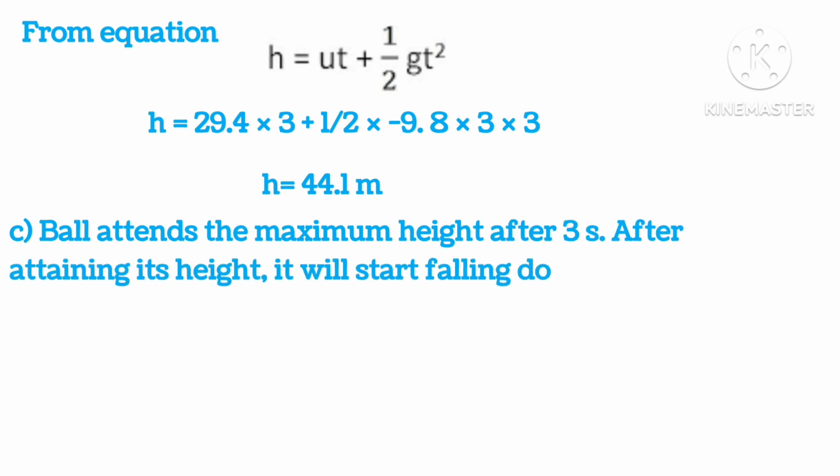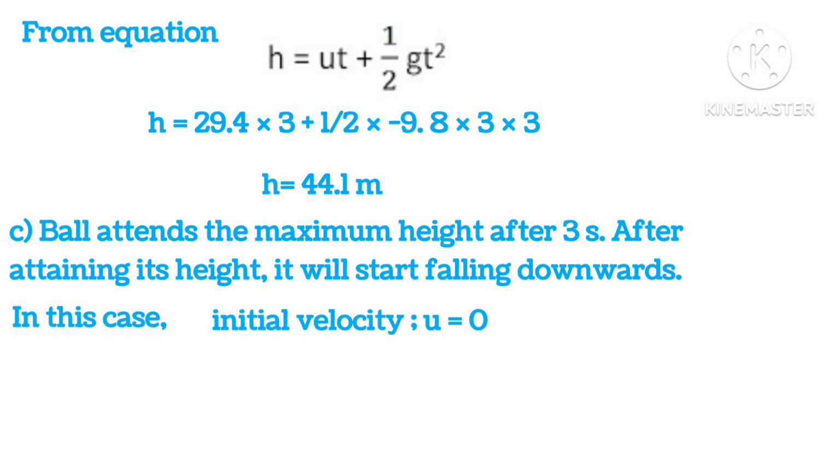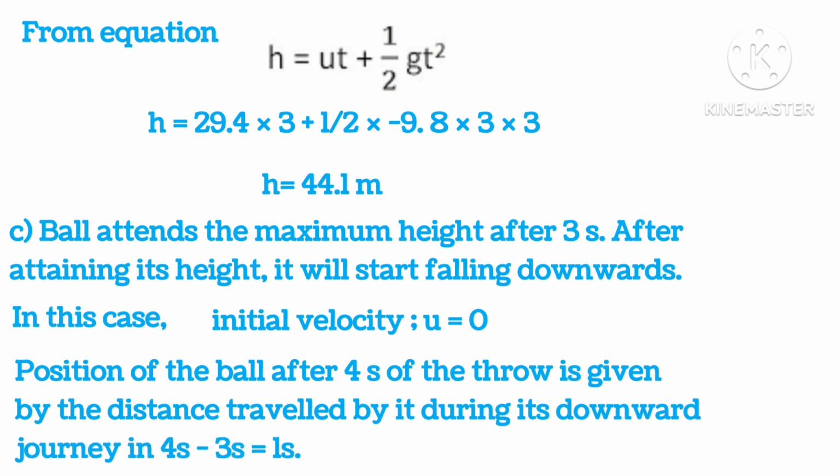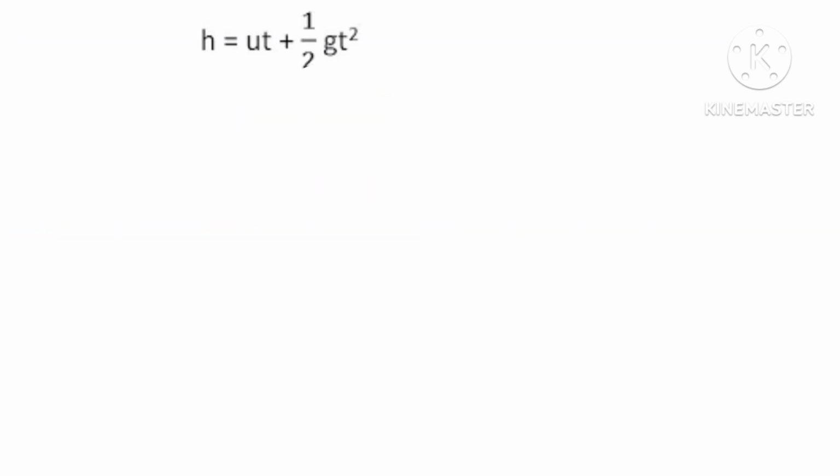After attaining its height, it will start falling downwards. In this case, initial velocity is 0. Position of the ball after 4 seconds of throw is given by the distance travelled by it during its downward journey, that is 4 seconds minus 3 seconds, which is equal to 1 second.